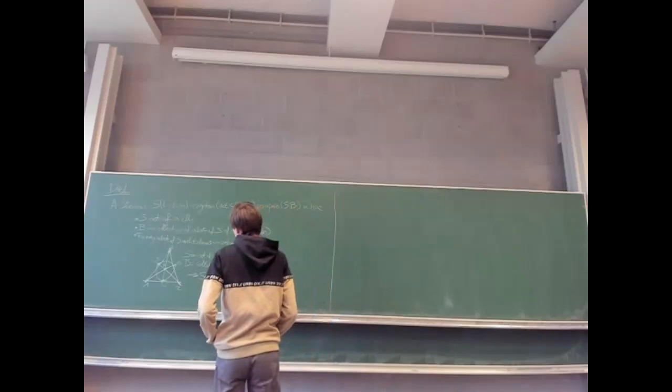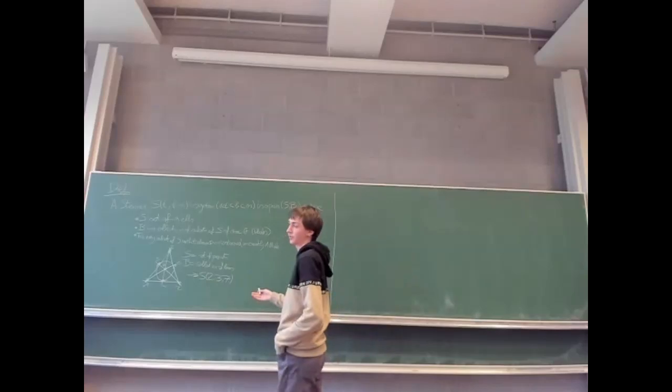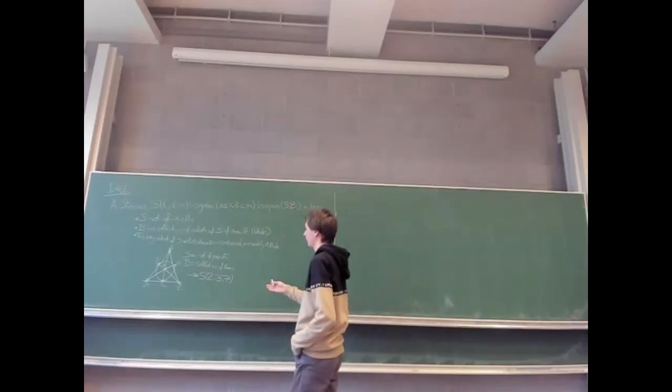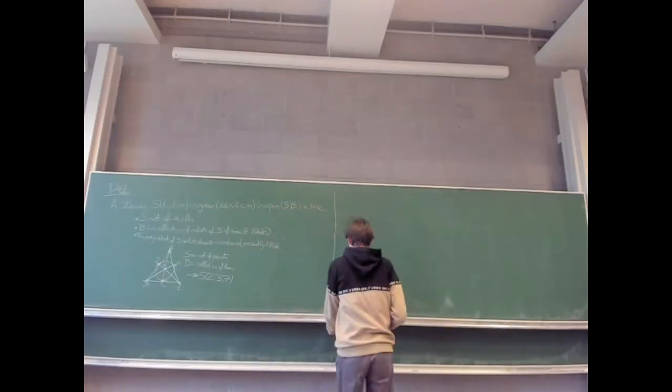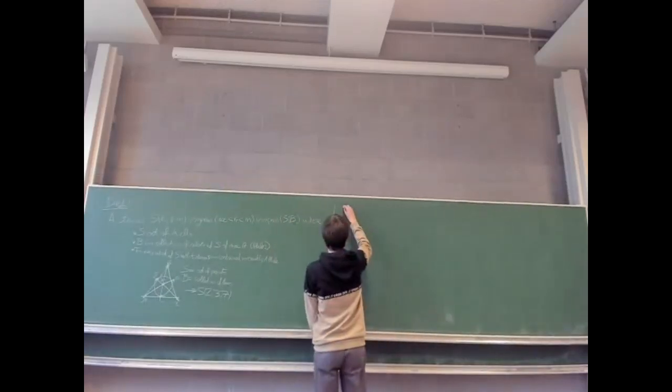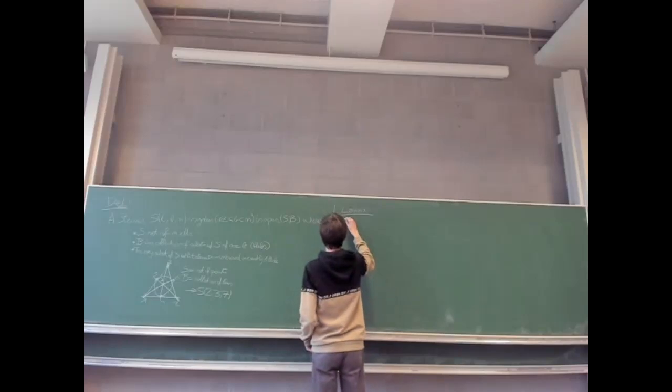Now for the Steiner system, one may ask if we can determine a priori what the number of blocks will be that the system has, because it's not specified anywhere. And we actually can. So, lemma.